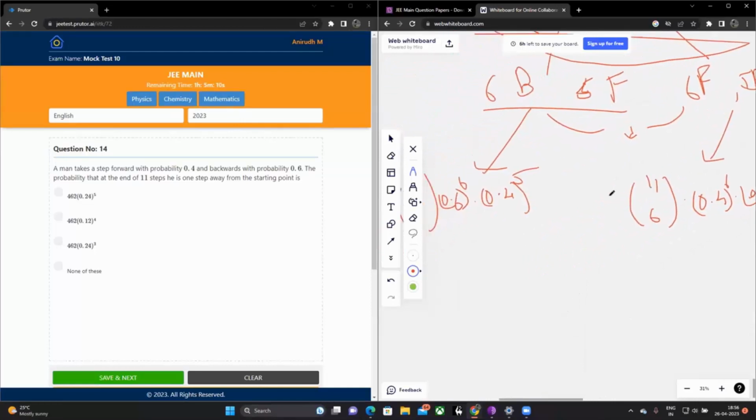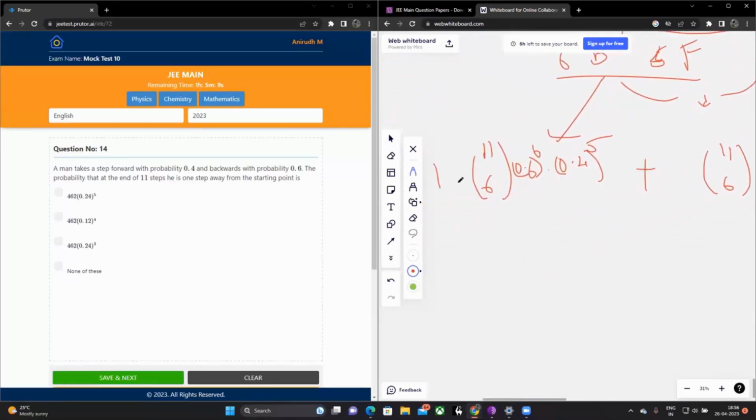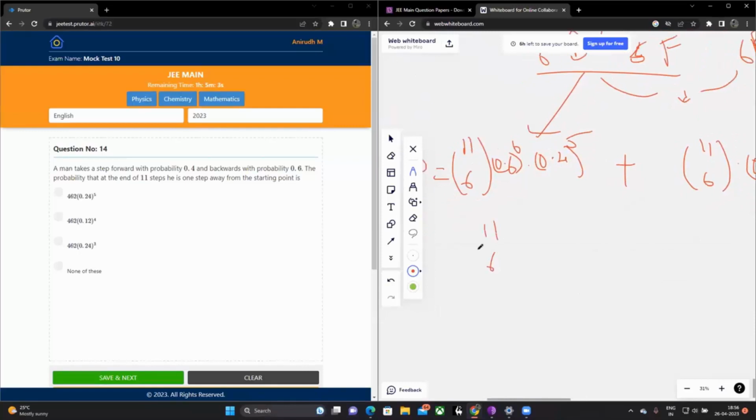Now, adding both, we get a final probability P. Now, it's pretty easy to see that this is 11C6 into 0.6 to the power 5 into 0.4 to the power 5 times (0.6 plus 0.4), right? Because this is a 0.6 power 5 into 0.6.